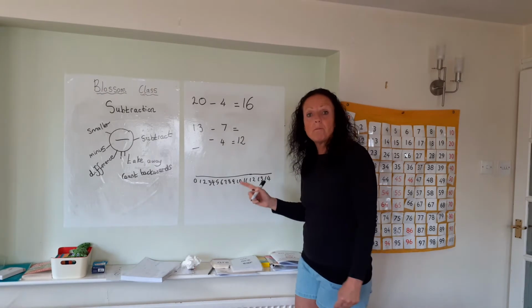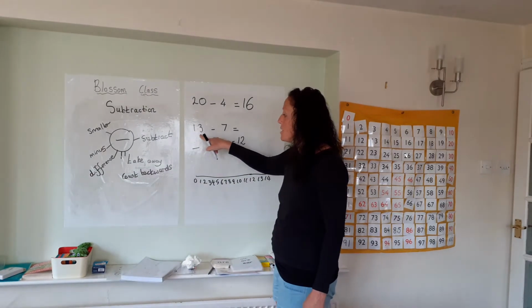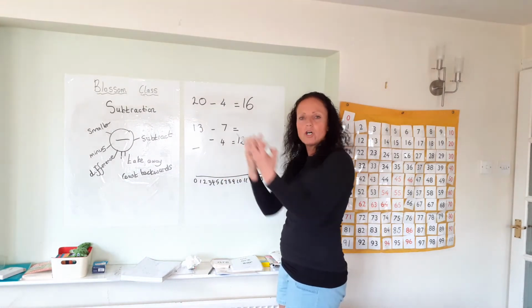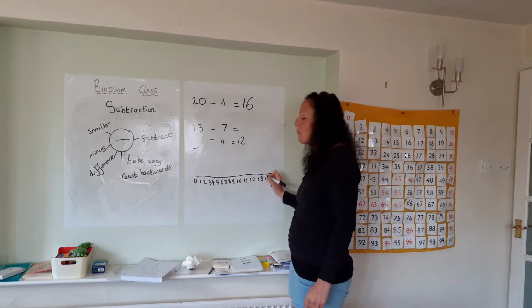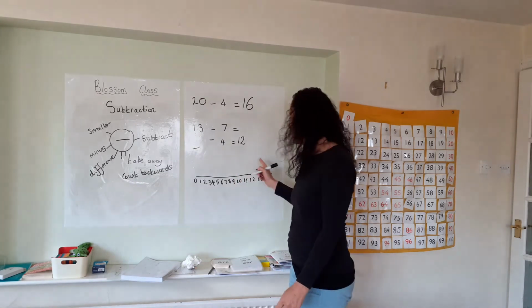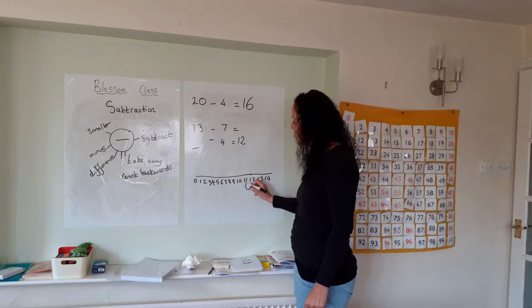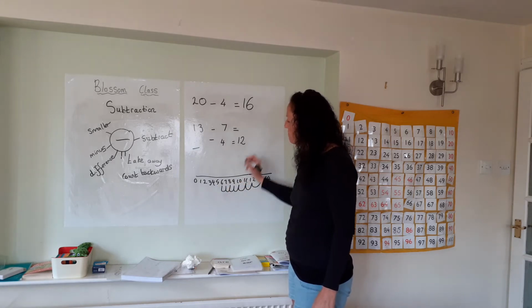So you can draw a number line, or if you've got a number line, you could use your number line at home. So 13 minus subtract 7. So we know we've got to take it away. So you could start on your 13. We're now counting backwards, which means our numbers are getting smaller. So we're going to go 13. We're going to take 7 away. 1, 2, 3, 4, 5, 6, 7.